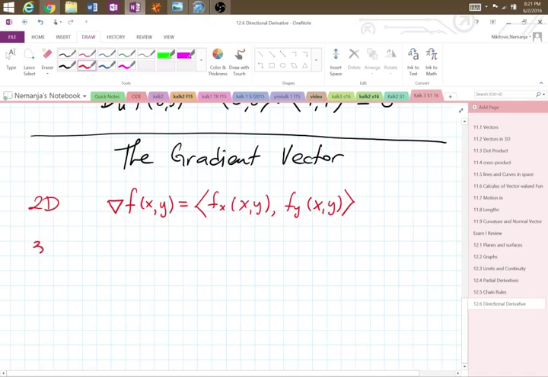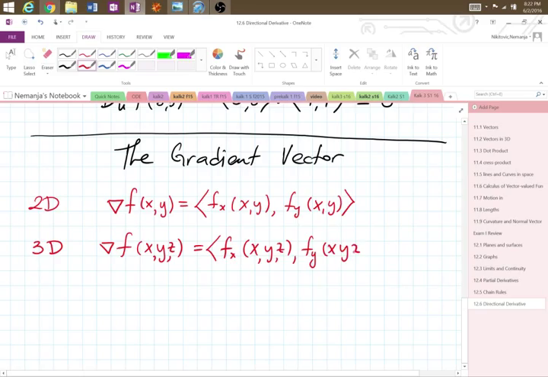And then we have the 3D case, so f(x,y,z) is going to have three of these: f in respect to x of (x,y,z), then fy of (x,y,z), and finally fz.